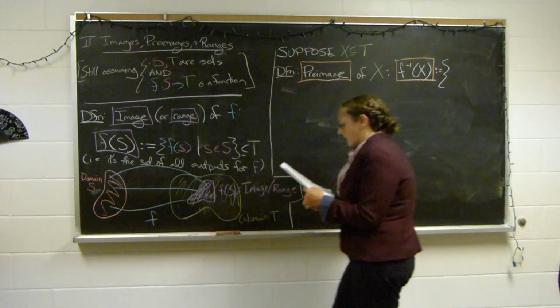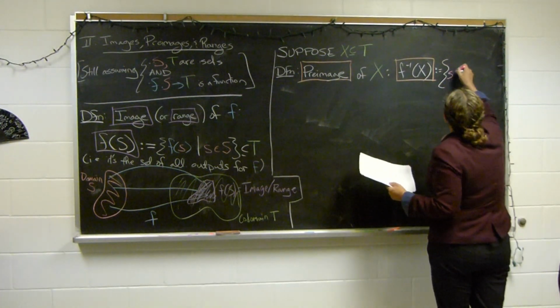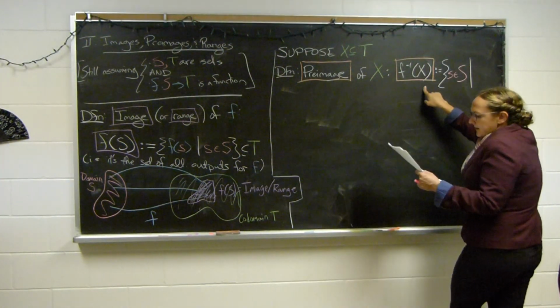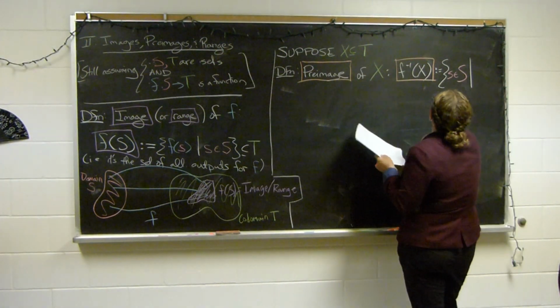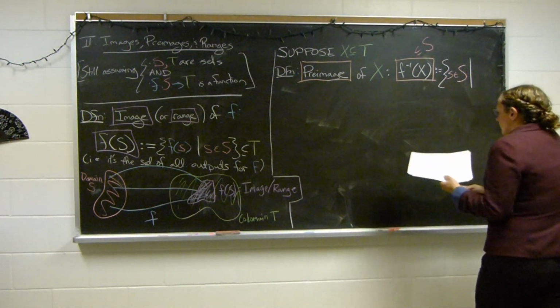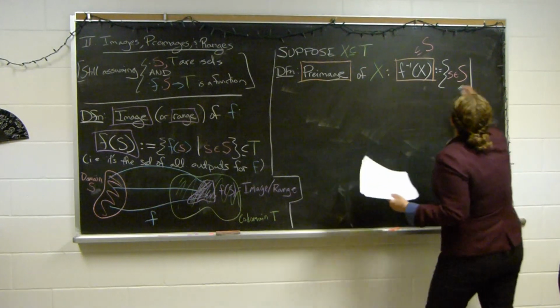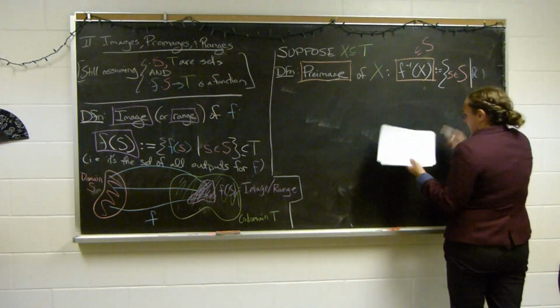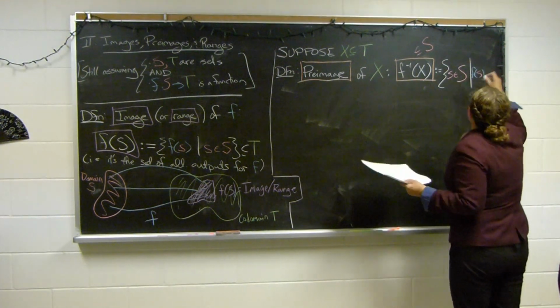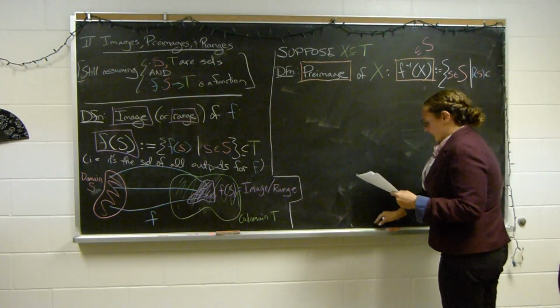So this is a set of all elements in S. We're looking at elements of S, so we can see that this has to sit inside of S. We can already tell that. So it's a set of all elements s such that f of s is an element of this set X.